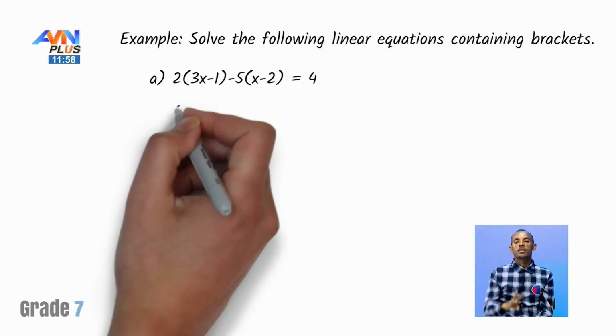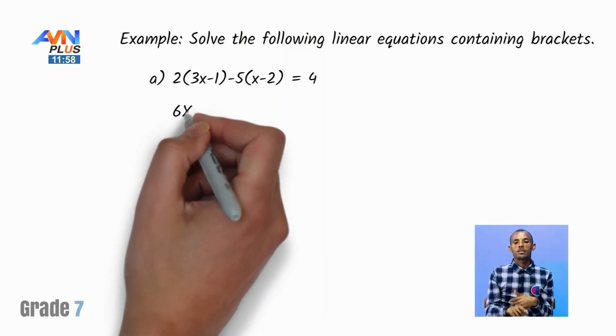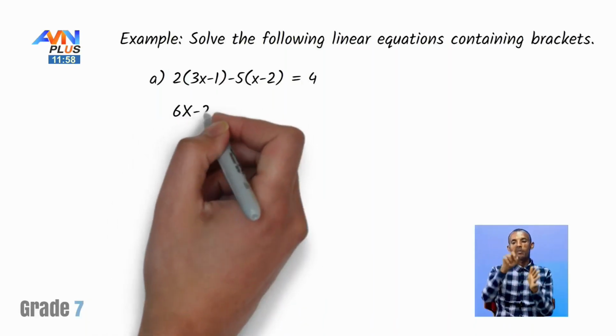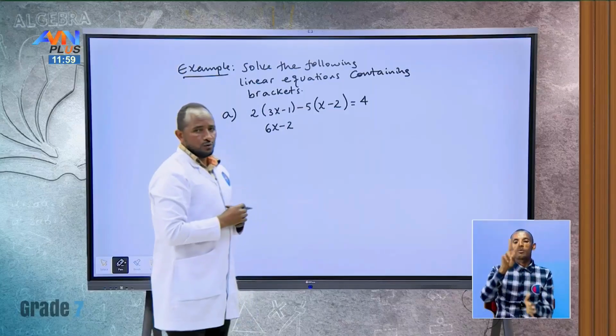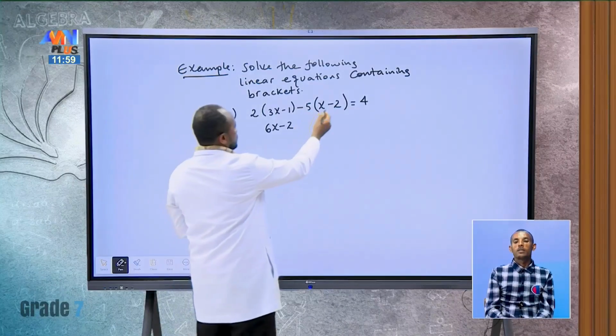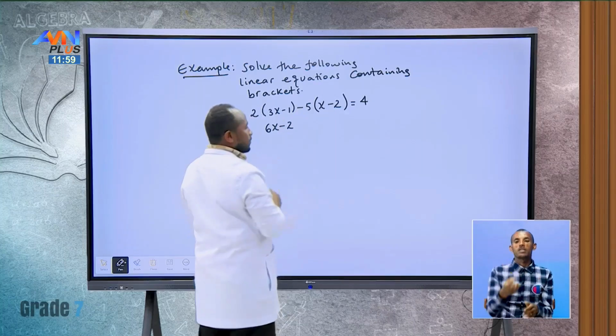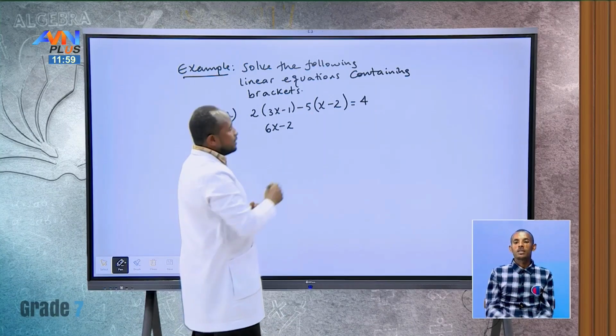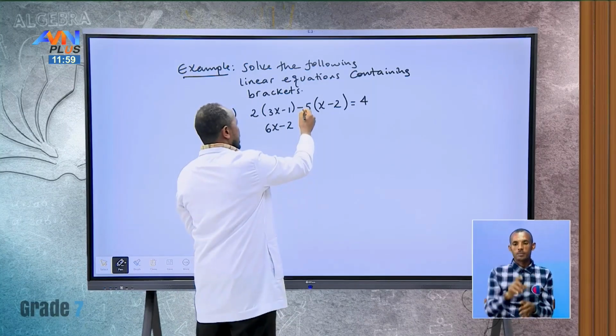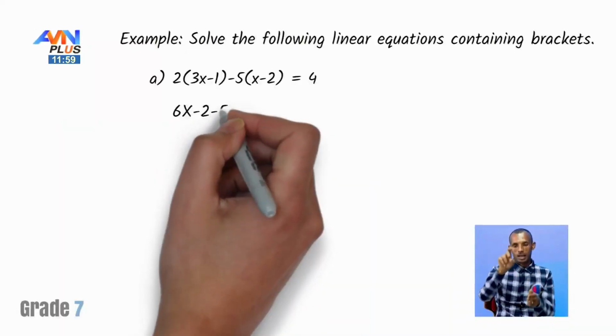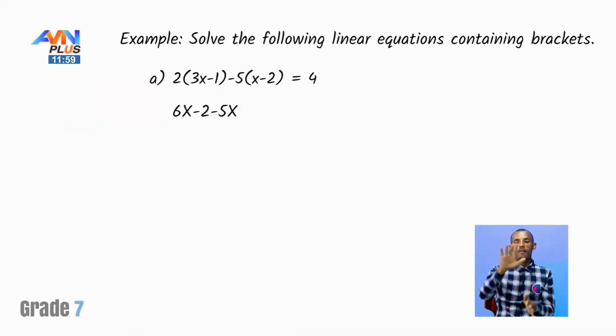So you have 6x. 2 and -1, the product is -2. Let's multiply this -5 times x, don't forget the minus sign here. It's not 5, it's -5. So -5 times x is minus 5x.